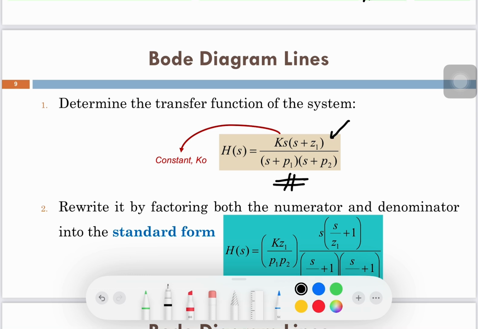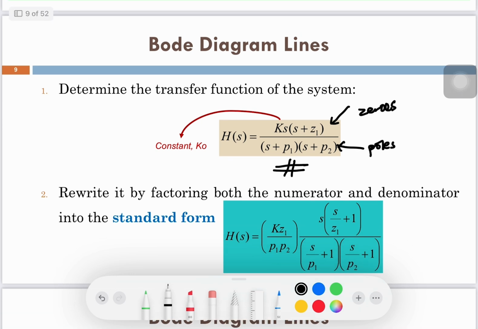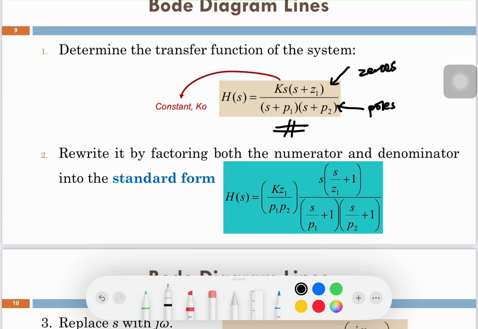This part is the zeros and this part is the poles. Therefore, when you are given the transfer function, you need to transform it into the standard form.